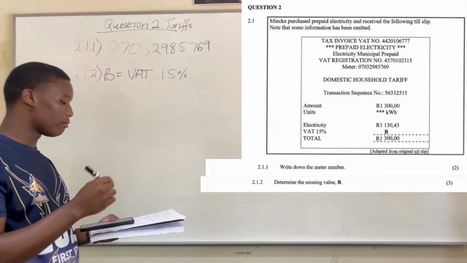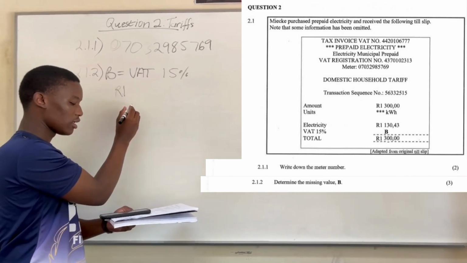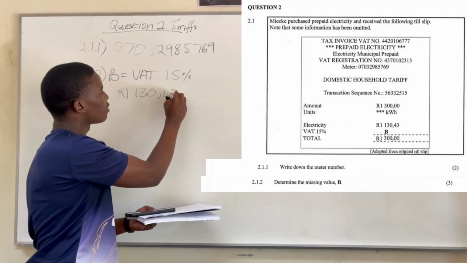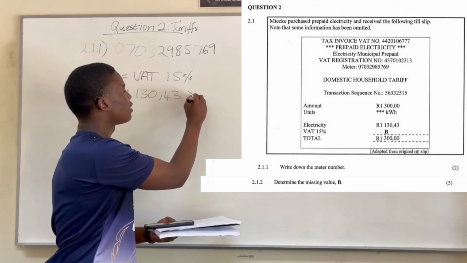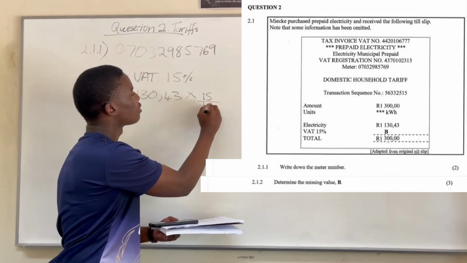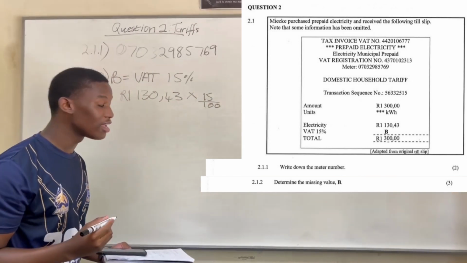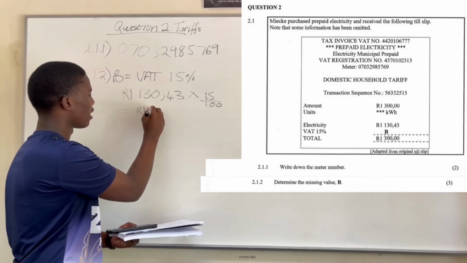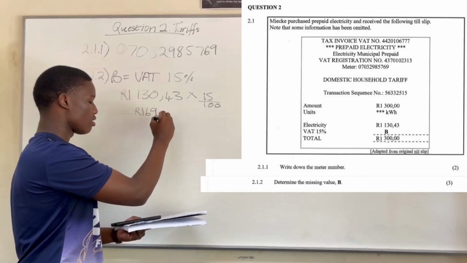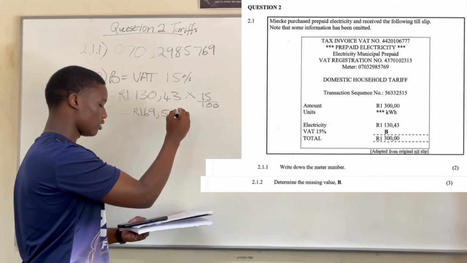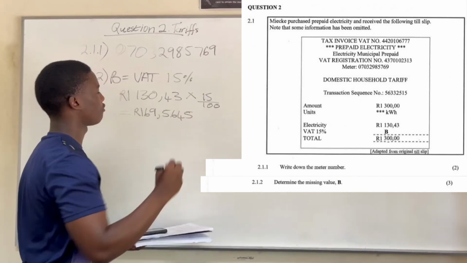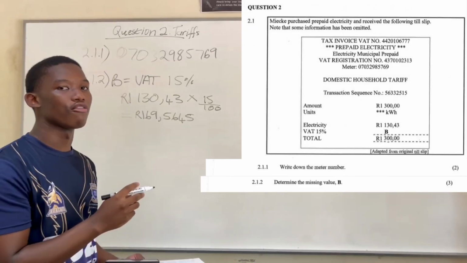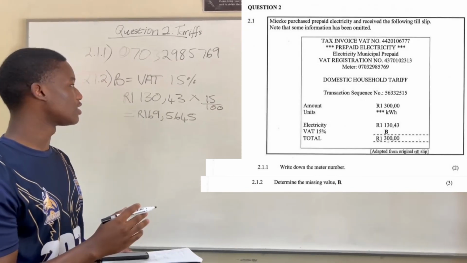So we're going to take that amount, which is 1,930.43, and multiply it by 15 over 100. Then you get 169.5645. Don't round off your answer until it's final.